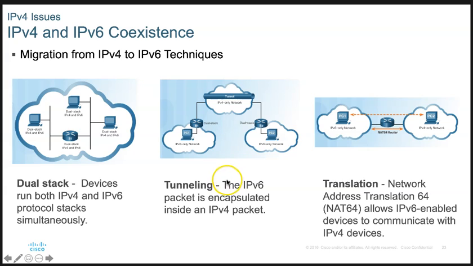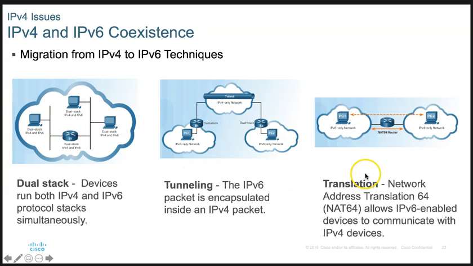We have tunneling: when the router receives IPv6, it is carried inside IPv4, and it creates a tunnel and allows that traffic to go there. We have another thing known as translation, NAT64, which converts between IPv4 and IPv6.